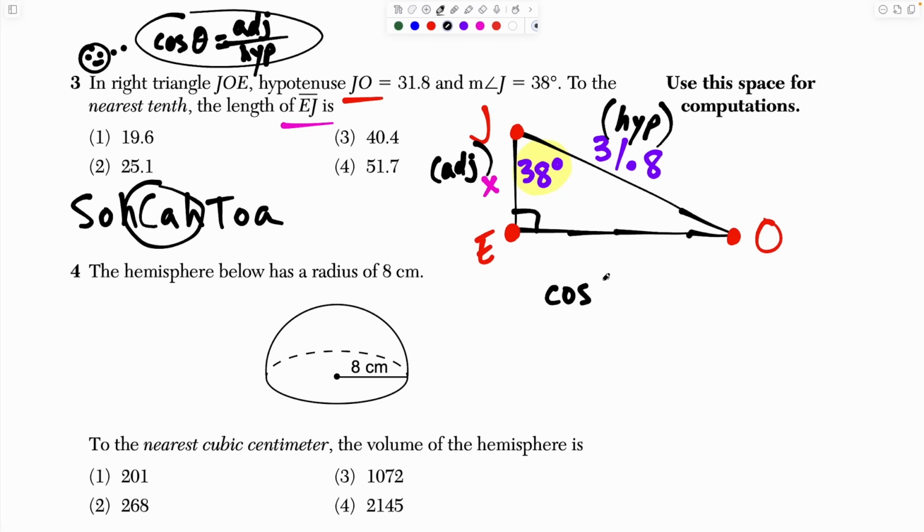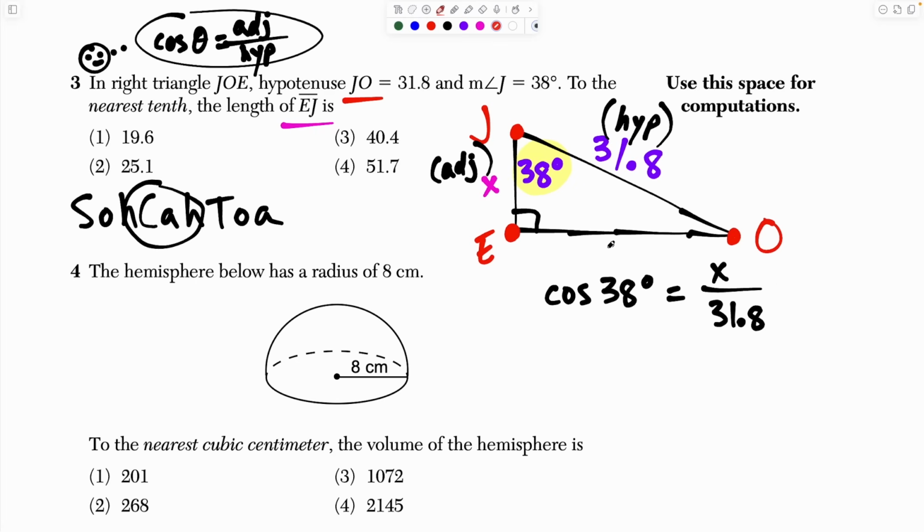So now I could use that idea to set this up. I'm going to say cosine of 38 degrees is equal to the side adjacent to 38, which is x, over the hypotenuse, which is 31.8. And now here I'm solving for x. Right now what I have is x divided by 31.8. So here I could just multiply both sides by 31.8.